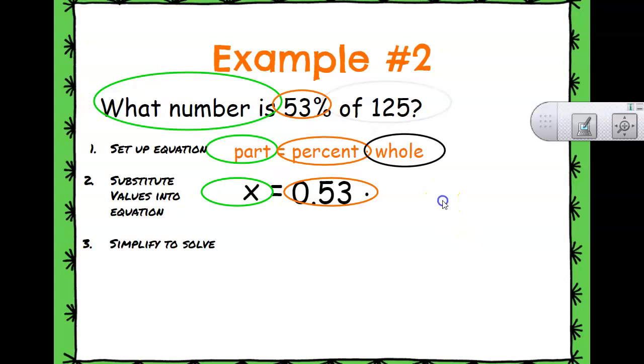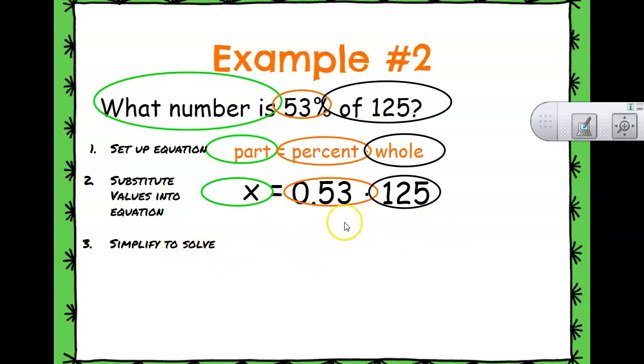So I look back at the original problem, I see of 125. I'm going to replace that for the whole. And I have now my equation all set, ready to go. I move on to step 3, simplify to solve. So I'm going to use my calculator. I'm going to punch in 0.53 times 125. And I'm going to find out the answer is 66.25.